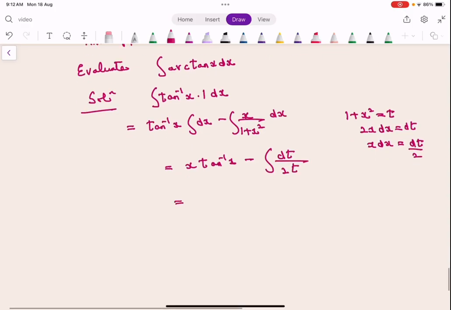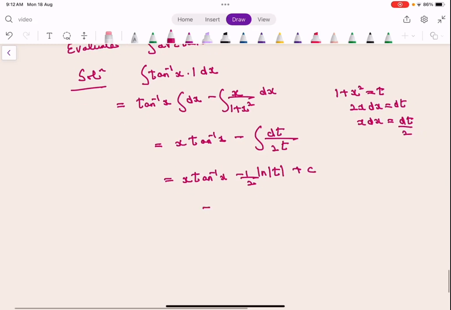So that would be x tan inverse x minus half integral dt by t, which is log mod t plus c. And now you need to substitute back. Whenever you make a substitution, substitute back. So you get x tan inverse x minus half log mod of 1 plus x squared plus c. So this is your solution.